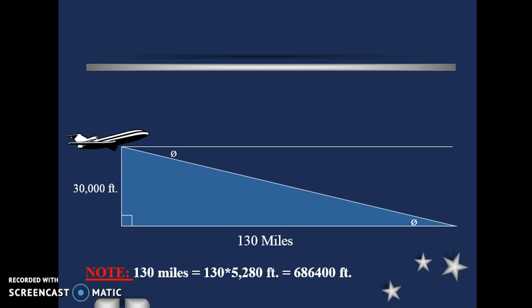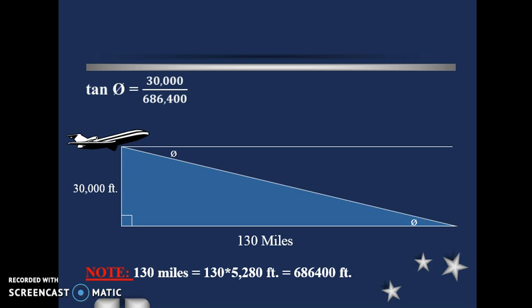Since the two numbers that we have on our figure represent the side opposite to theta as well as the side adjacent to theta, we're going to be using tangent theta, which is equal to 30,000, the opposite, over the adjacent, which is the converted number, not 130. We're going to be using the converted number of 130 miles, which is 686,400.